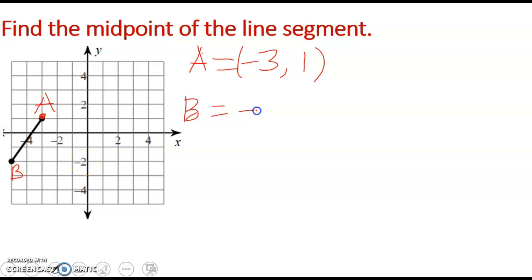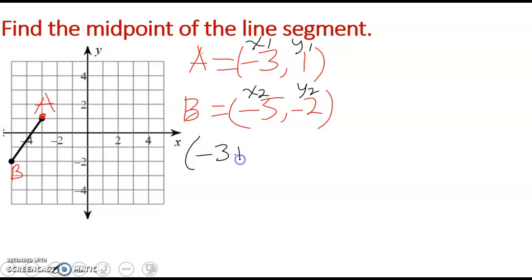So it's -5, -2. And let's label this x1, y1, x2, y2. Again, we take our x1, -3, plus our x2, -5, and divide by 2, comma. We take our y1 plus -2, and divide by 2.